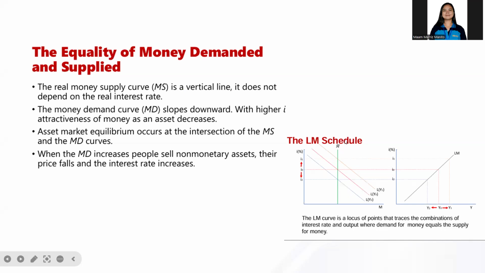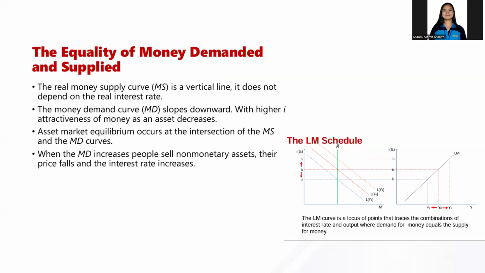Bangko Sentral ng Pilipinas, BSP, produce this certain amount of money in the economy. So naka-fix yung money supply. So money supply does not depend on any real interest rate. While money demand slopes downward, as the attractiveness of money as an asset decreases with higher interest. And asset market equilibrium occurs at the intersection of MS and MD curve. So ito pong mga nag-intersect, yun yung mga different equilibriums in the LM schedule.